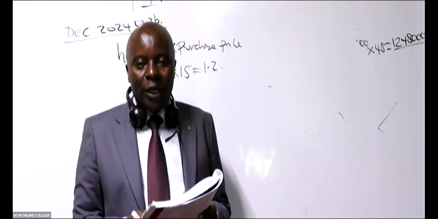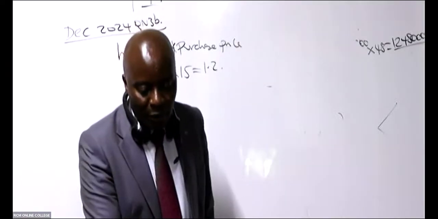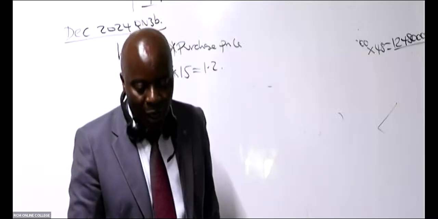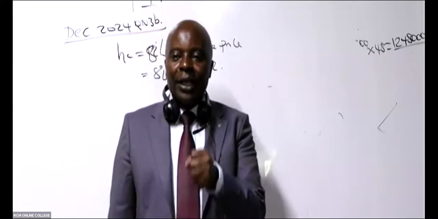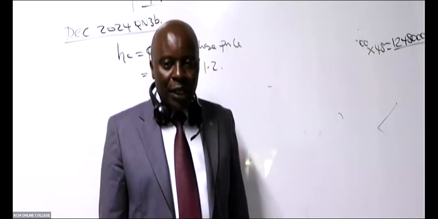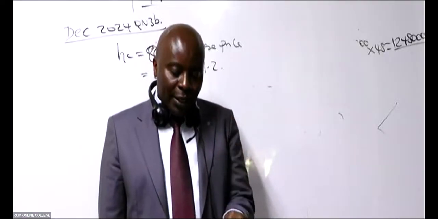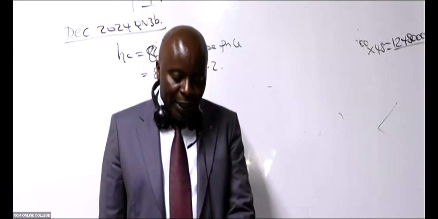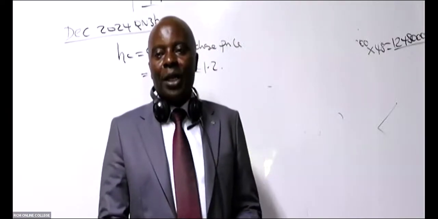So they want us to calculate D. If you got this kind of a question in an exam, how would you really tackle it the ninja way? See, like here, most students in this sitting started calculating EOQ. And yet the EOQ requirement is in part 2, where they want us to calculate the economic order quantity.